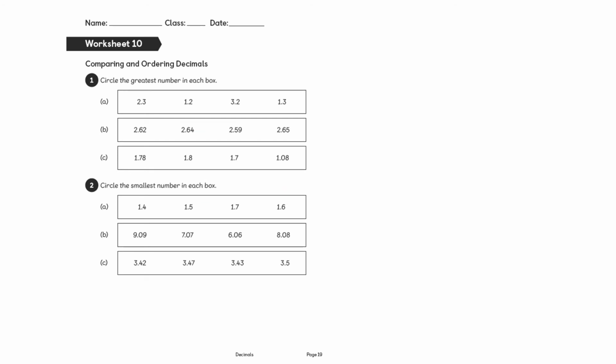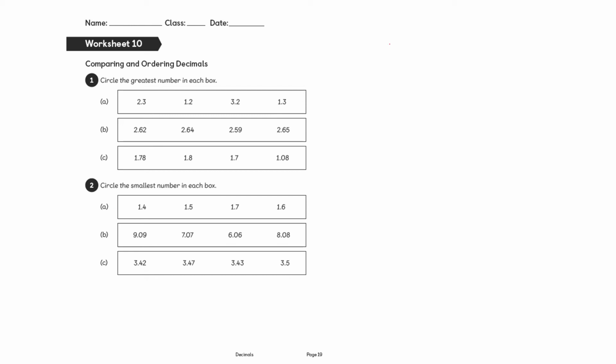Right, you are going to be doing your own comparing, and I would expect you to be doing some working out for this one. Some of you might be feeling really, really clever and look at it and just know it. But what I want you to do is have a look at the ones column. So you might actually want to write these numbers over each other. It might be easier to do it that way.